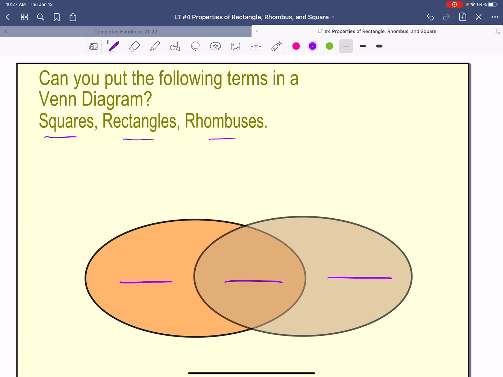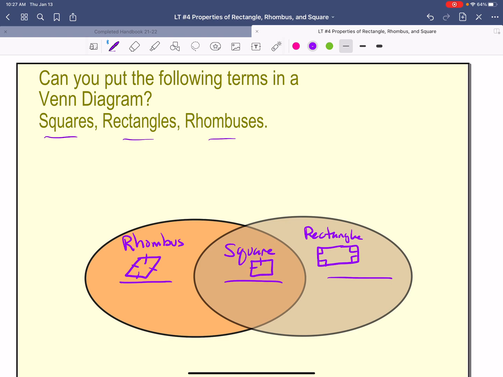All right, what we know is that a rhombus has 4 congruent sides. And a rectangle has 4 congruent angles. They're all 90. And what we know is that a square has both.